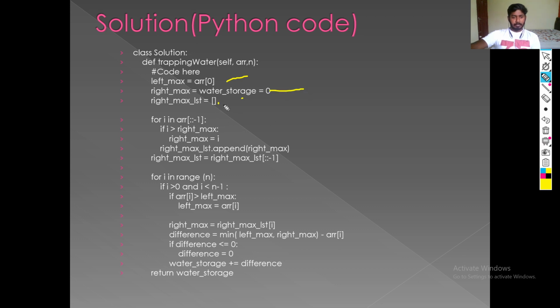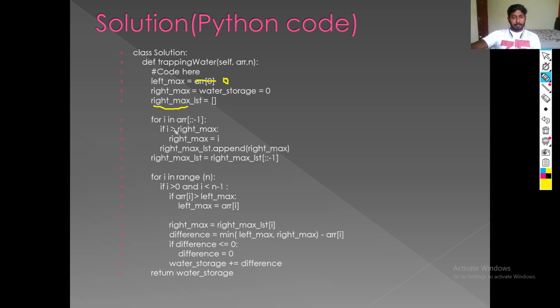Right max list is equal to 0. Once again, I have done something wrong. This is not an array, just make it 0. We don't need to create any array for the space. Just make it 0, as we are just creating a list for right max.